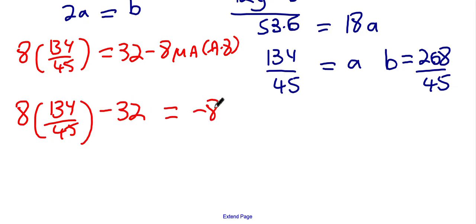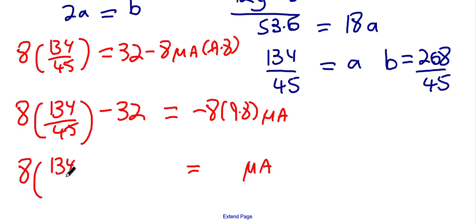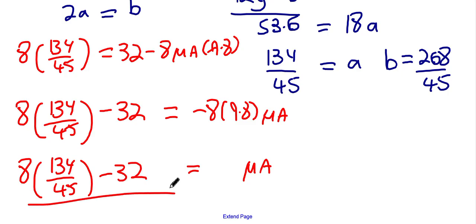And then we'll have minus 8 times 9.8 times mu A. Then I'll keep the mu A where it is. And I'll do 8 times 134 over 45, take away 32, and I'll divide all of that by minus 8 times 9.8. Would somebody be so kind as to tell me what you get for mu A in this case?